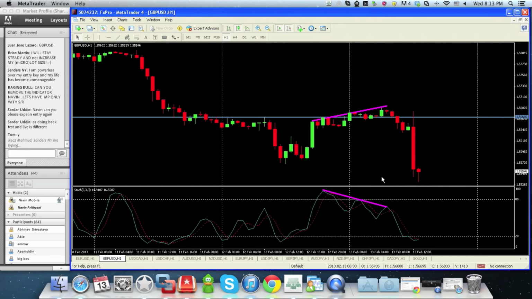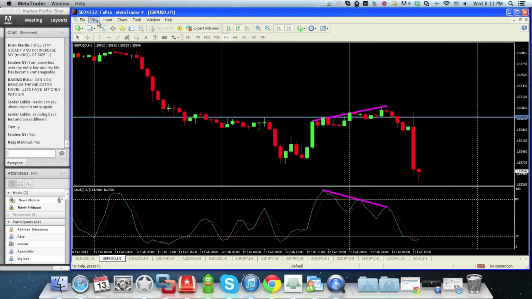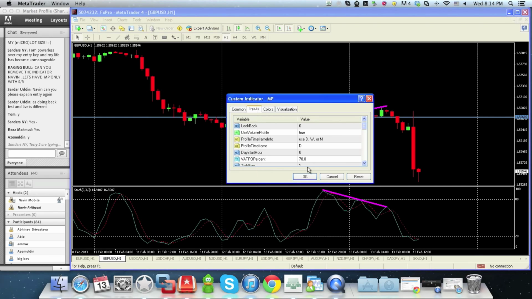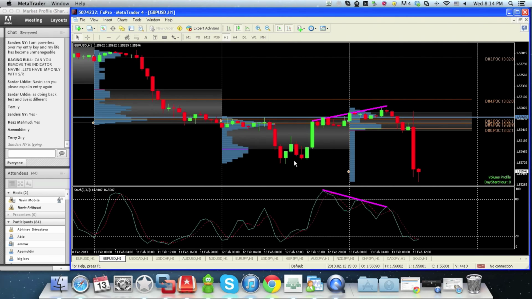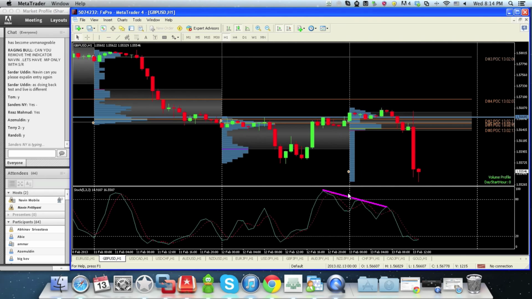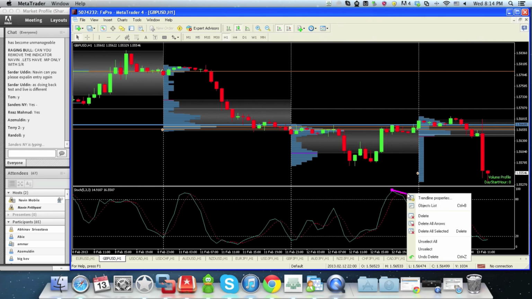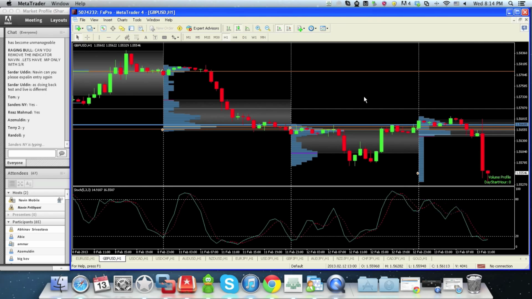Next thing, we're going to pop in our MP. Okay, my MP is plotted now. As we pop in our MP, let me remove all these lines so you guys can see. Sorry. Okay, there we go.